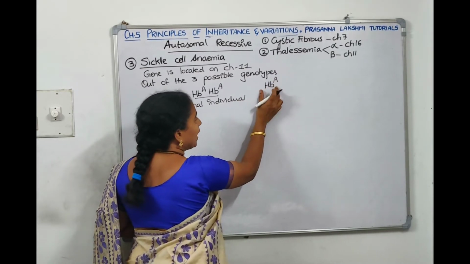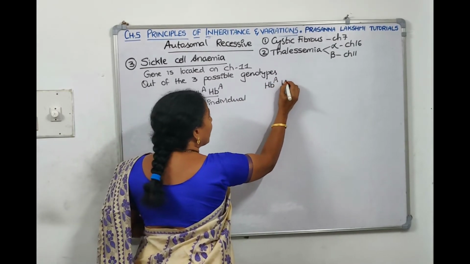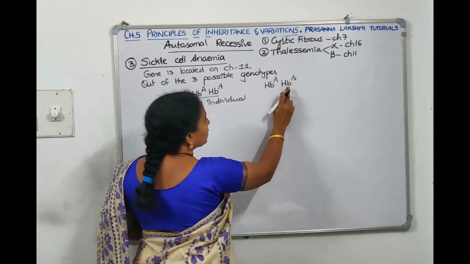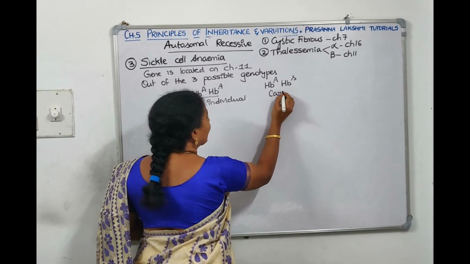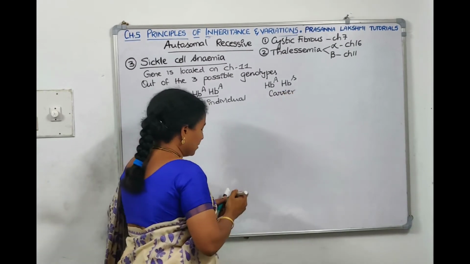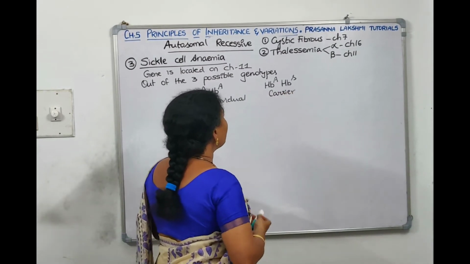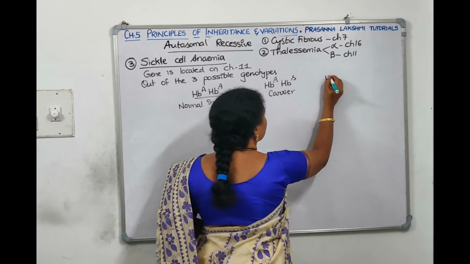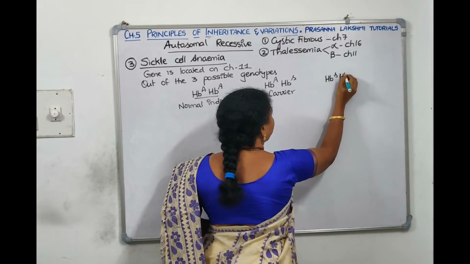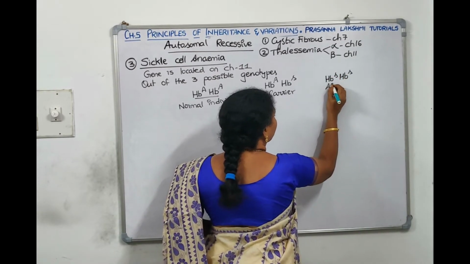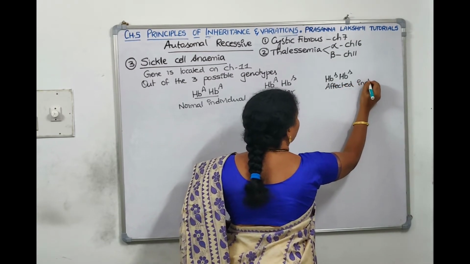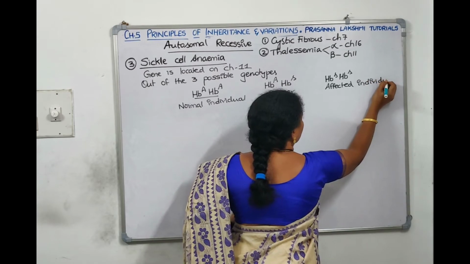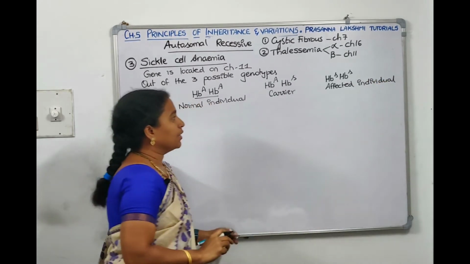One is HbA, which is a normal hemoglobin. The other one is sickle cell hemoglobin. This is a recessive one, suppressed by the other one. So here they are called carriers. And the third possibility will be HbS and HbS, an affected individual.